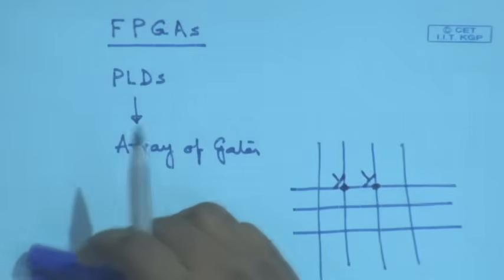As we had discussed, we can implement any logic function with AND, OR and NOT. Therefore, I can have a canonical form of a Boolean expression and write it down as a sum of products form. The products are essentially the ANDs and the sums are the ORs.